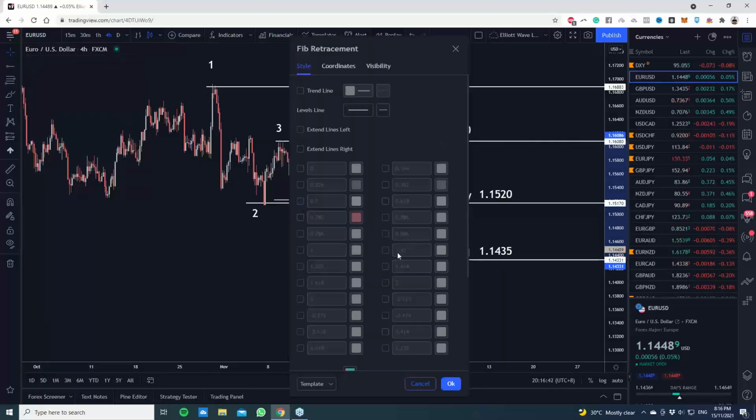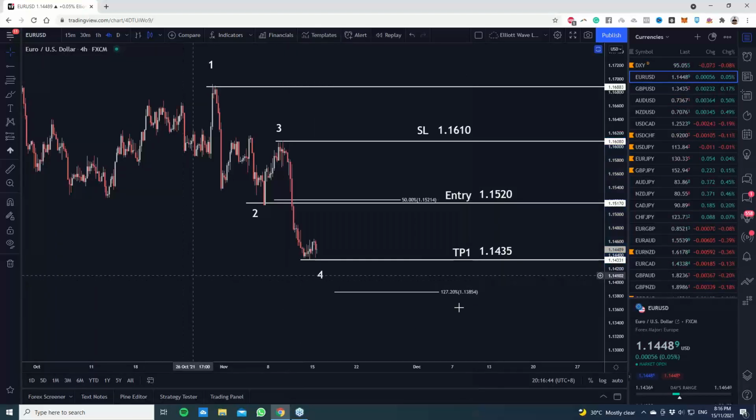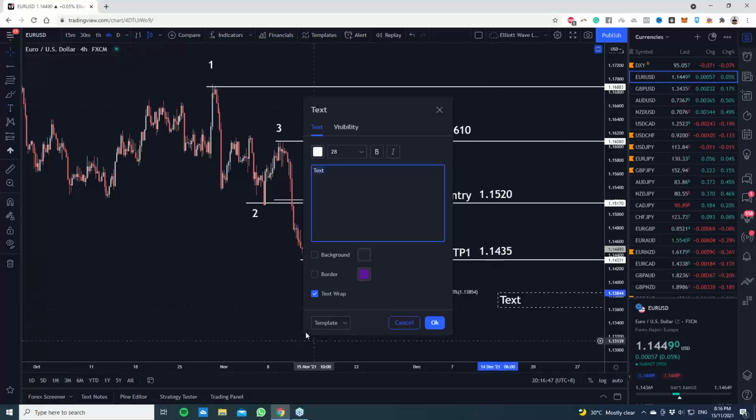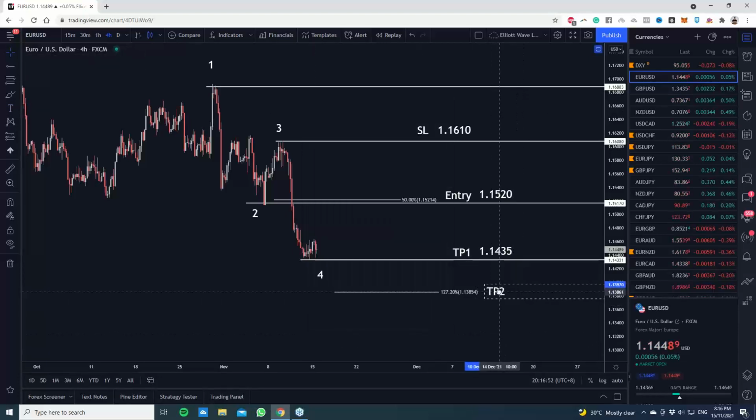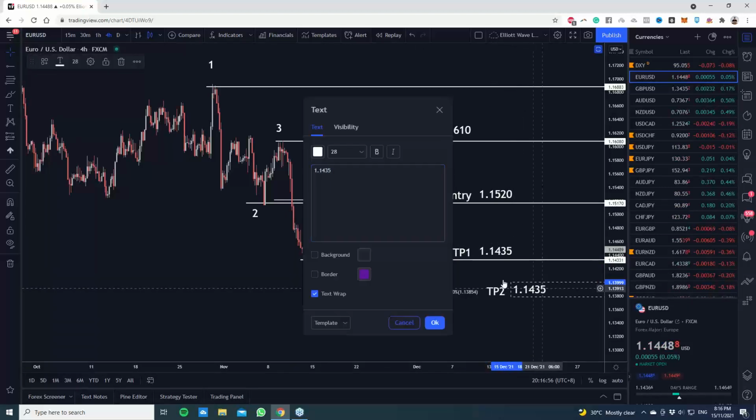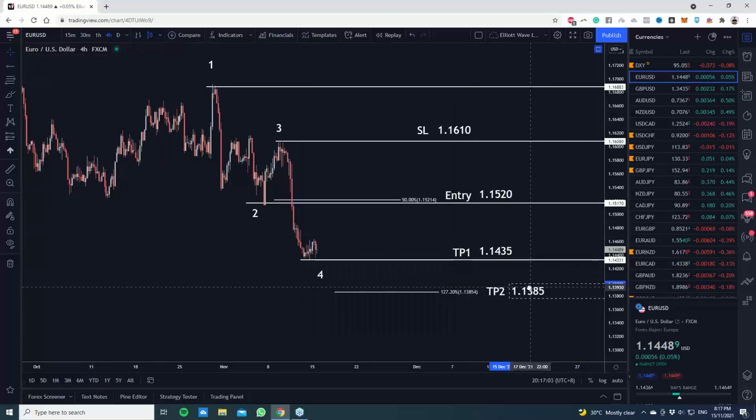And the level that you want to look out for is the 127.2. In this case, you can see that's where the Fib level is, and that will become your take profit 2. Let me just put that in. That would be around 1.1385. That becomes your target 2.